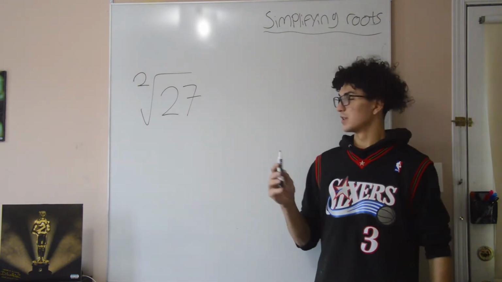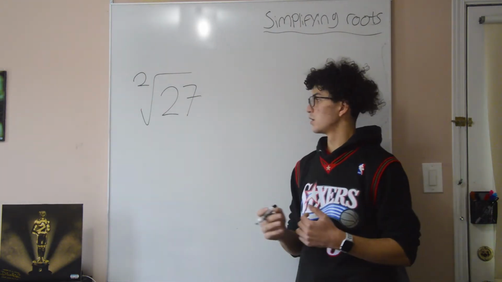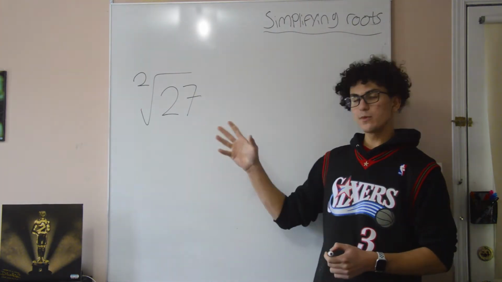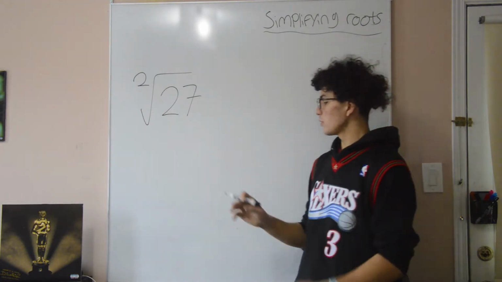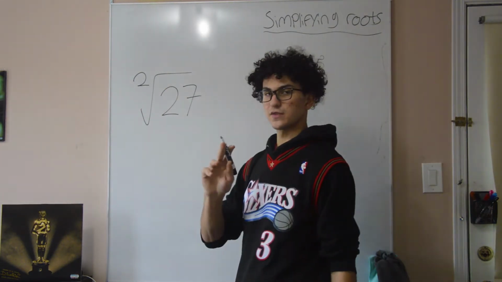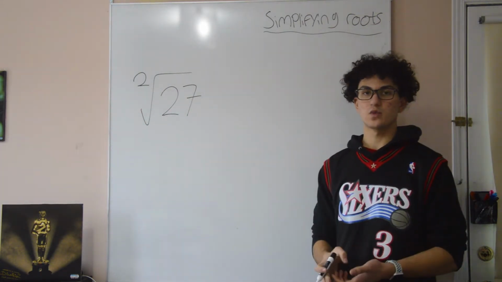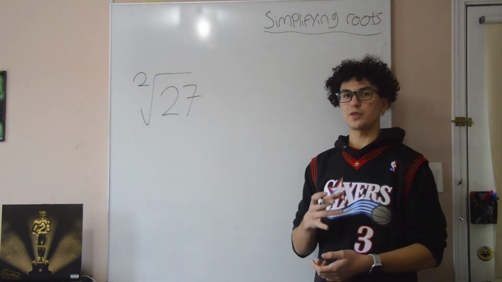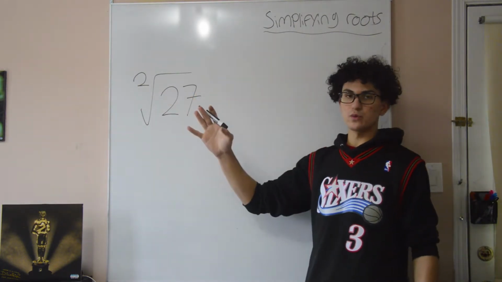Now, let's start off with this right here, square root of 27. Whenever we have something like this, to simplify it, first things first, we need to look at our root. In this case, it's a square root, but sometimes it'll be a third root, and I'll cover that in the next example. Here, it's a square root.